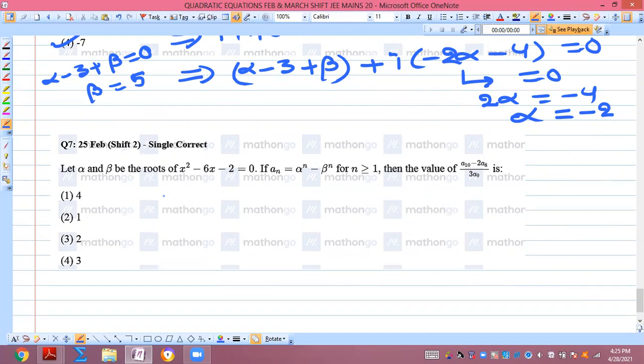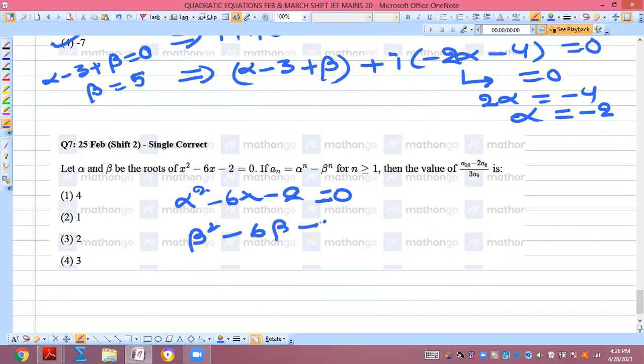So we know that if alpha is a root of the particular polynomial, f of alpha must be 0. Alpha square minus 6 alpha minus 2 is 0. Similarly, beta square minus 6 beta minus 2 should also be 0.